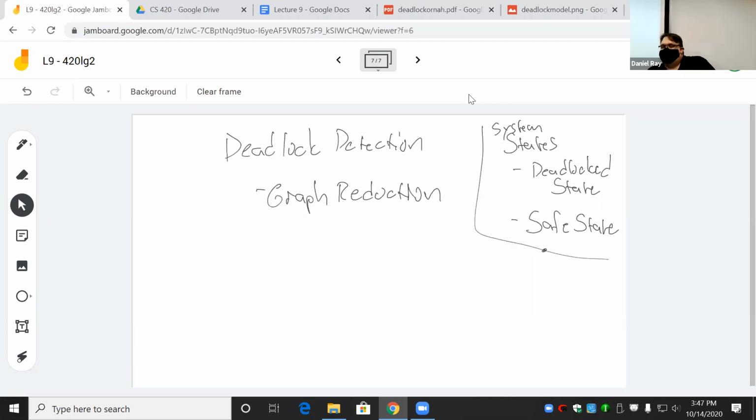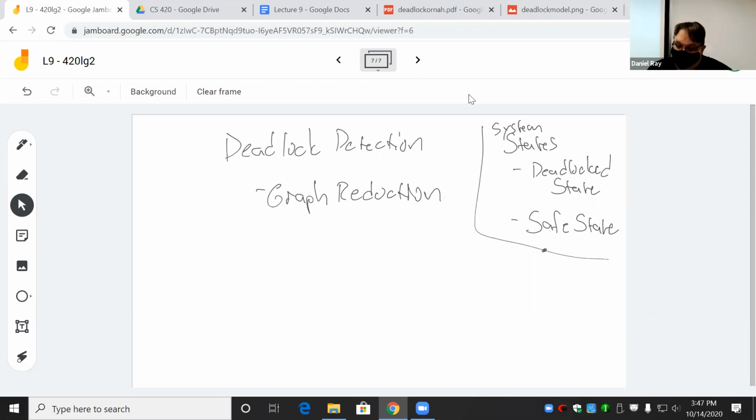How many of you have taken the algorithms class? I don't think they call it that here. What do they call it? Well, anyway, there's a kind of problem called a topological sort that uses graph reduction. If anyone's heard of that, I can talk about it. But if you haven't heard about it, then I have no need introducing a new thing. Okay, don't worry about it then. Just know this is the same thing.